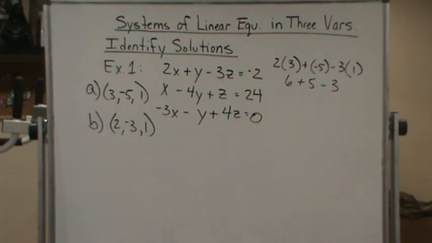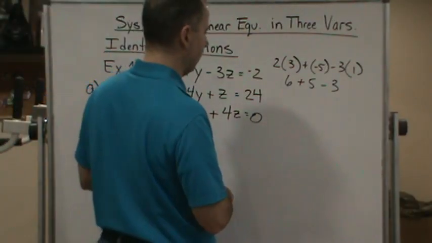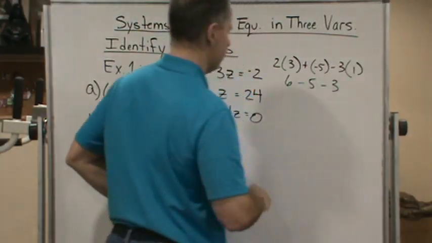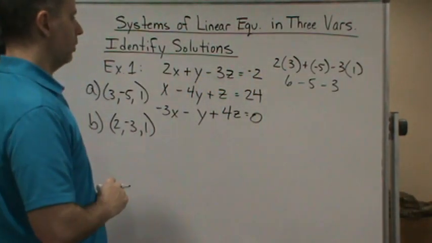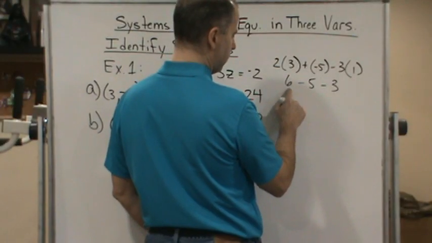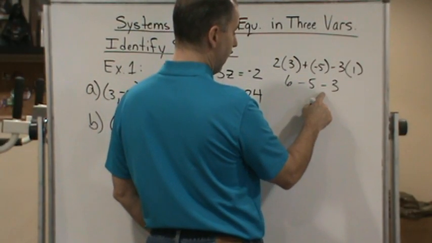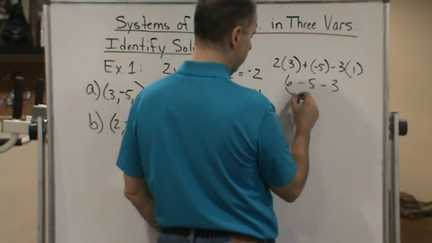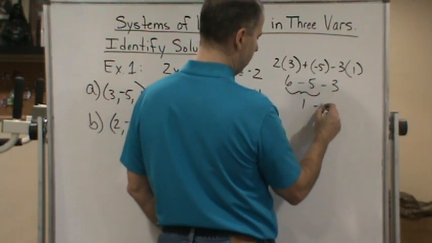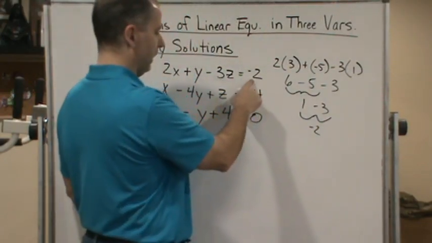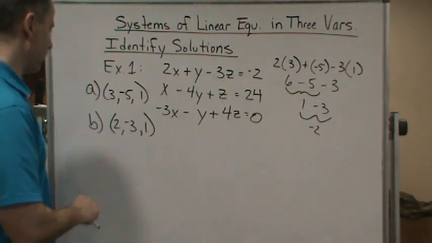Okay, so now let's redo this. So that would be minus. We get 6 minus 5, which is 1, and then minus 3 equals -2. So we get -2, which is equal to -2. So we get a true statement here.